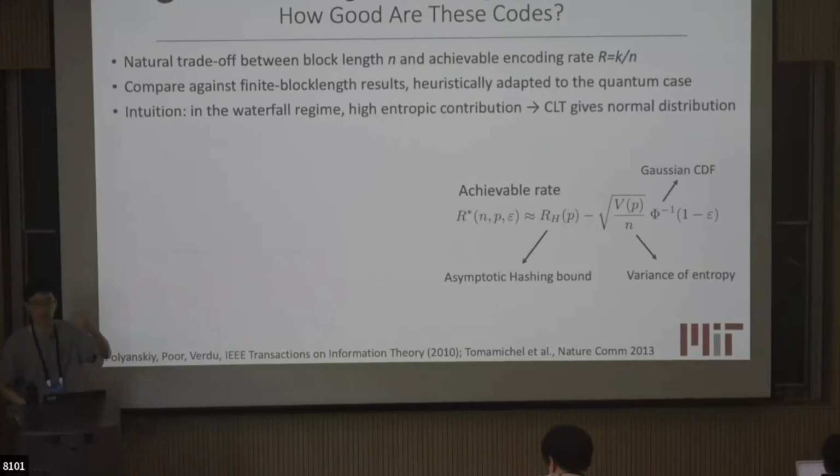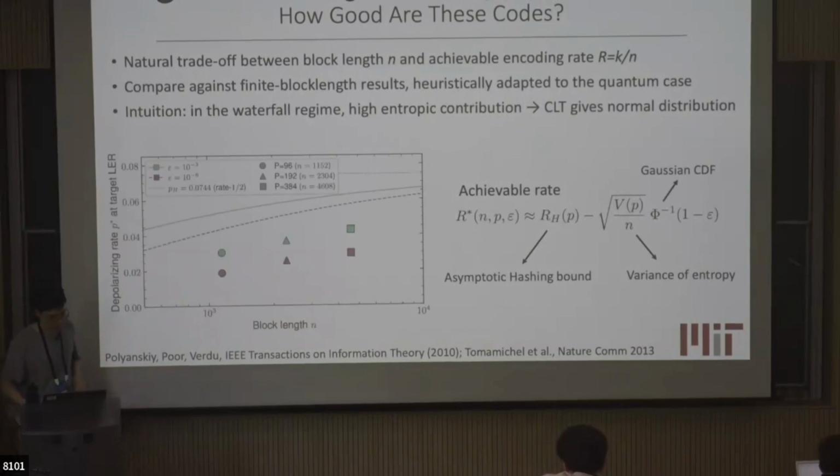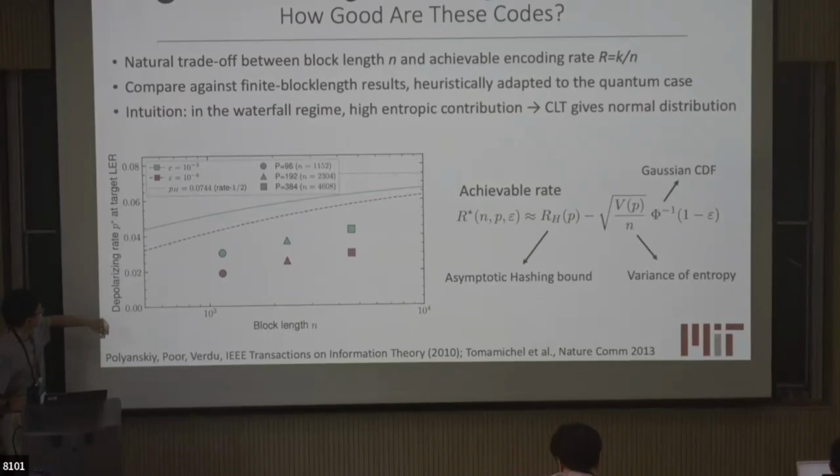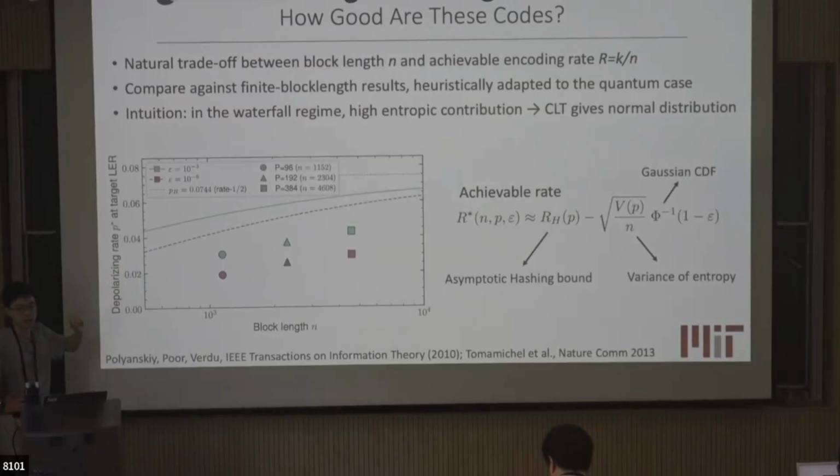And then we can plug that in with a tail to see whether our actual sample was within or outside this hashing bound. So you can take this and compare for varying block lengths what the bound heuristically adapted to the quantum case gives you, and what the actual codes achieve under decoding.